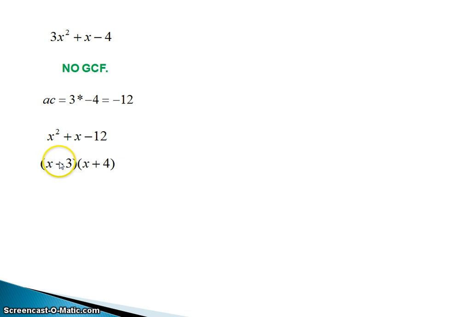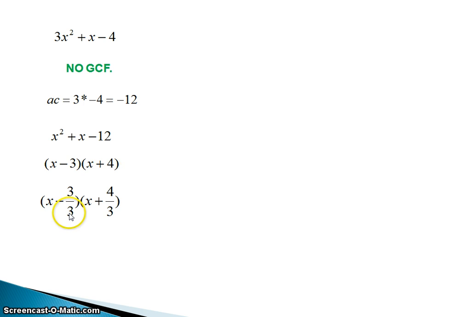I have to take these two numbers and divide both of them by the value of my a. In this case, that was 3. Now, when I do that, I divide negative 3 by 3. That's going to give me x minus 1. In the second case, though, I have 4 divided by 3.